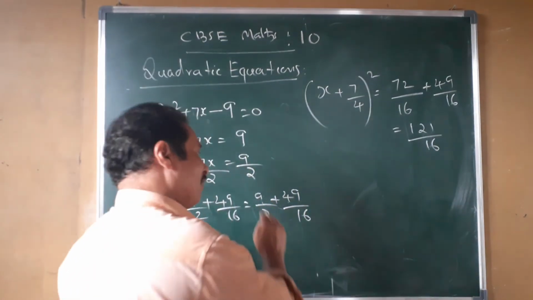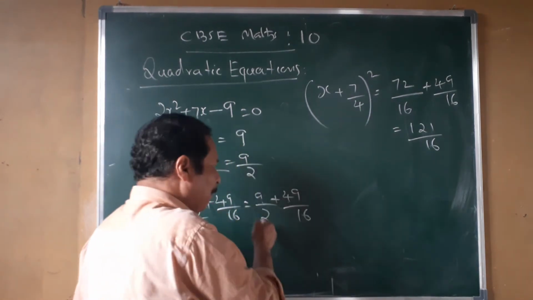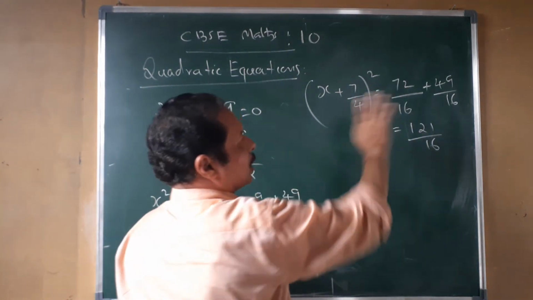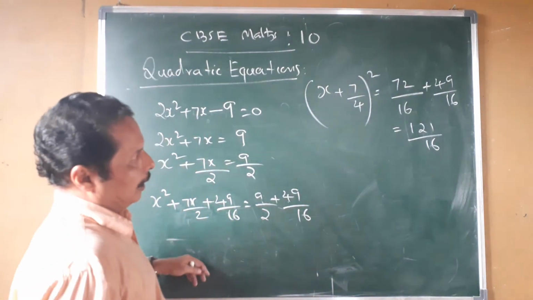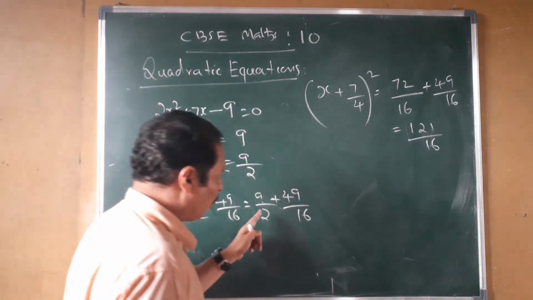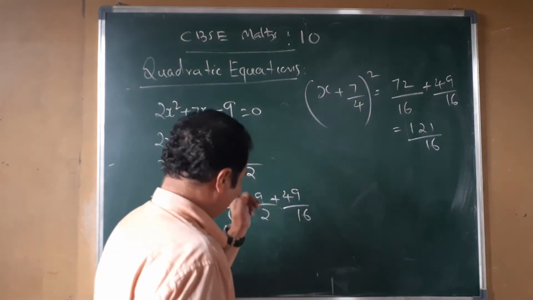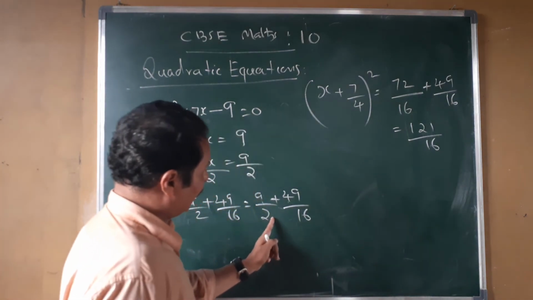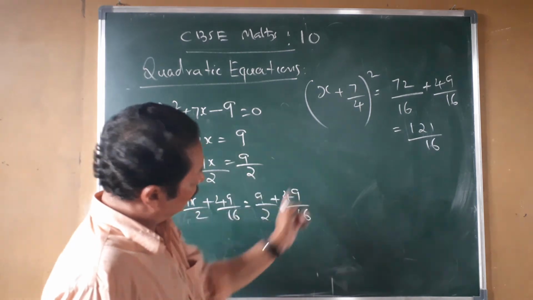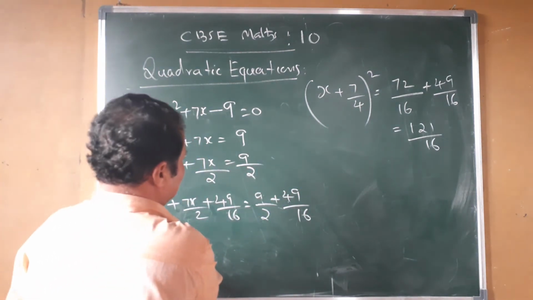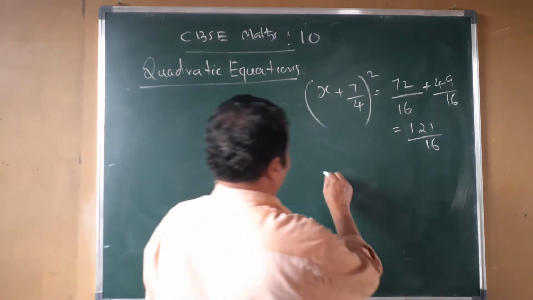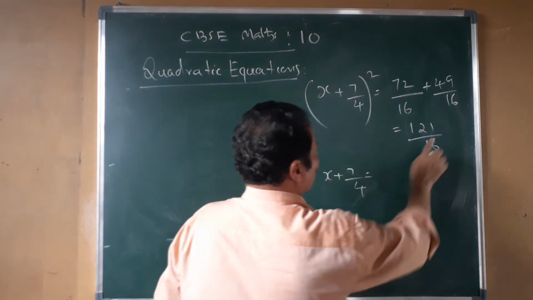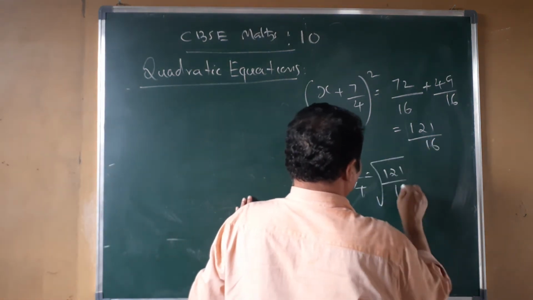Good. Another way, you cross multiply, then also you get the same answer, 121 by 16. Is it over? So the denominator, make it 16, multiplied by 8 on denominator and numerator, that's it. Then add it. Is it completed? So next step: x plus 7 by 4 equal to root of this one.